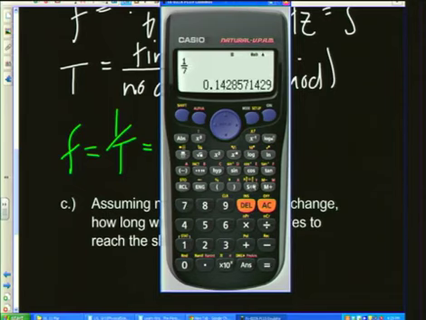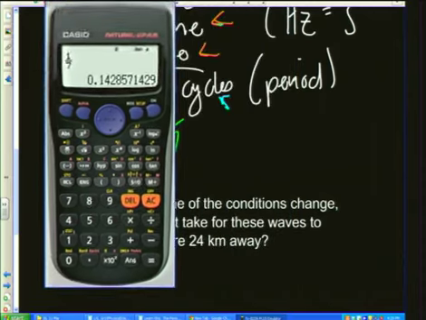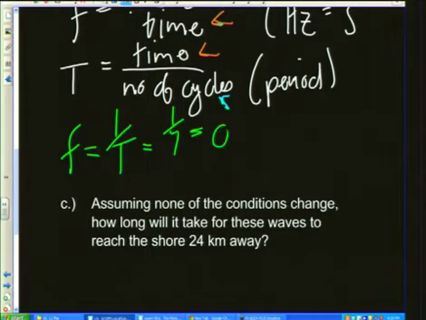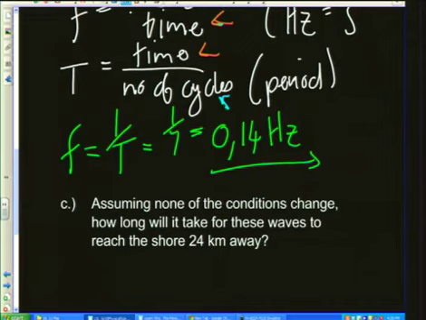It's 1/7 as a decimal, 0,1428. Round off to 2 decimal places, 0,14. So let me write that, 0,14. Now what's the unit? Hertz. Agree? Yes, we've got it right.